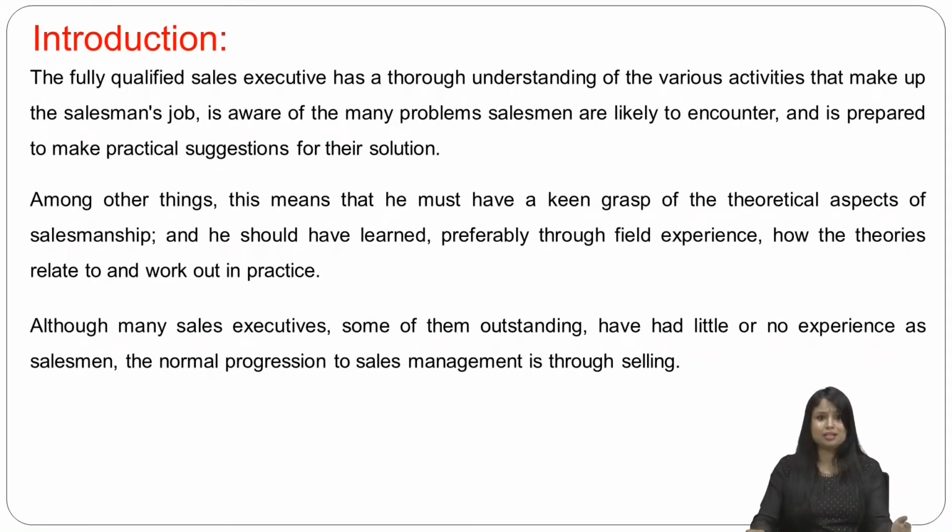Among other things, this means that he must have a keen grasp of the theoretical aspects of salesmanship, and he should have learned, preferably through field experiences, how the theories relate to and work out in practice.